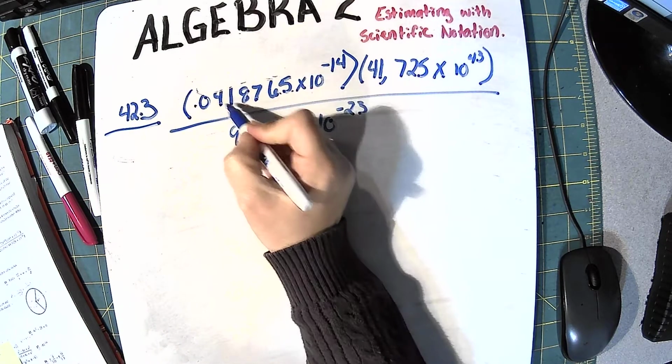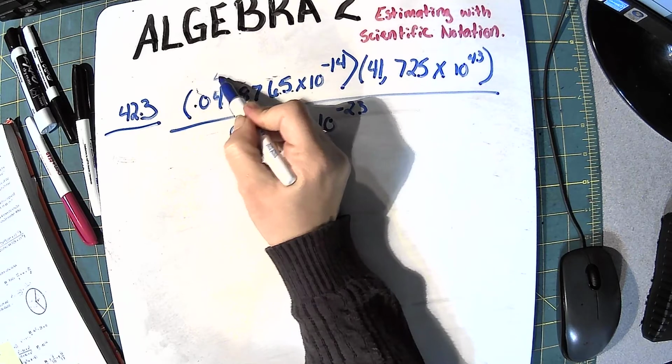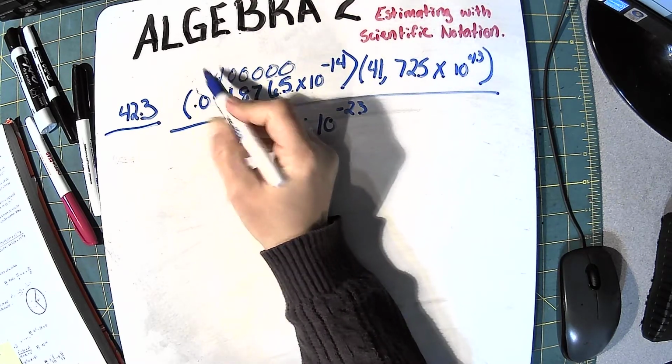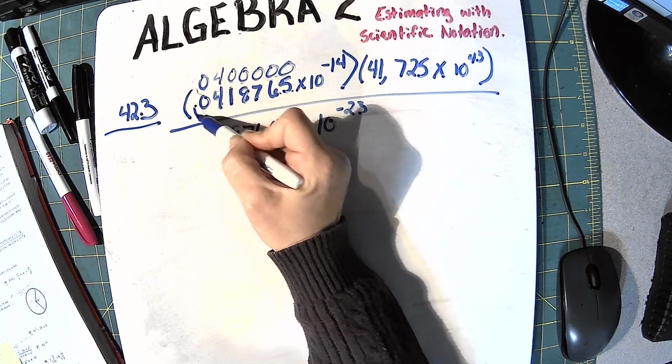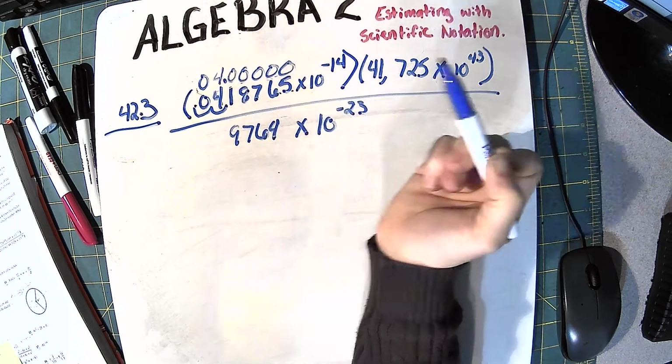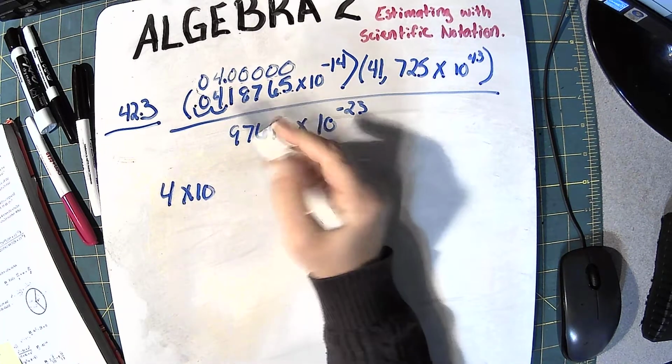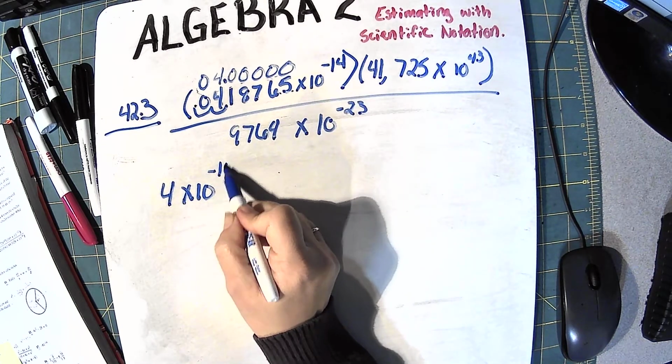I totally messed that one up. I'm just going to round right here. 2, 1, 2, and all I have to move my decimal is 1, 2. Okay, so it's going to be right there. Sorry about that. 4 times 10. I moved it 2, so I'm going to be at negative 16.